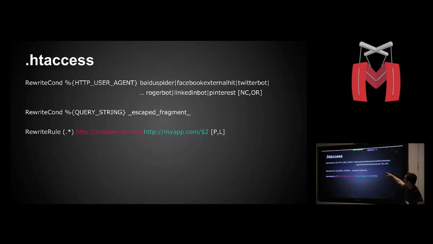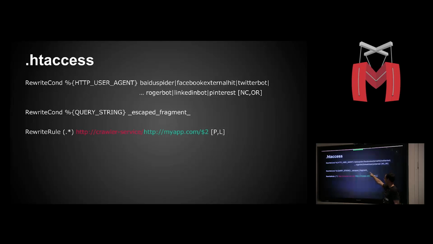So this is all that your web server would need in order to respond to that, hey, I'm a crawler, give me that special HTML. This is all that it would need. So it's basically saying if I am one of these user agents here, one of these bots that don't follow the hash-bang protocol, then I'm a crawler.